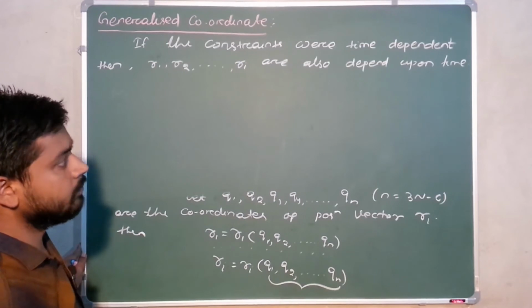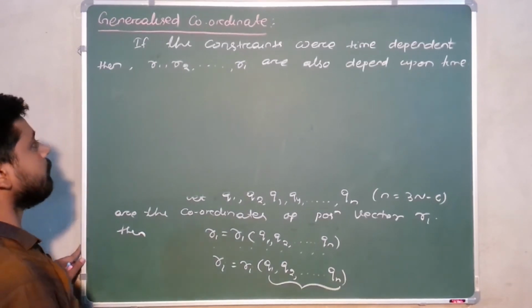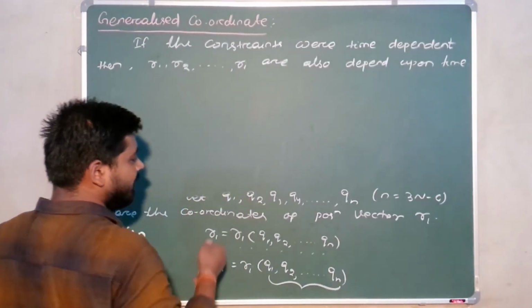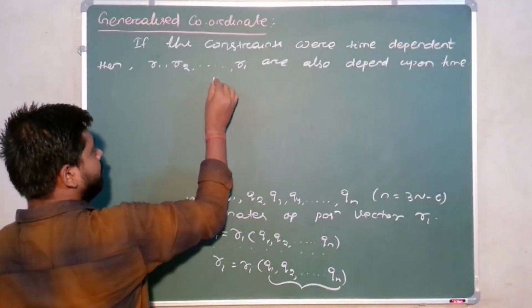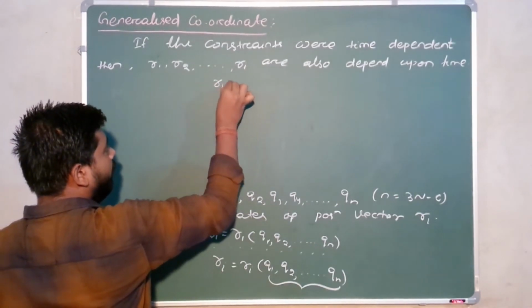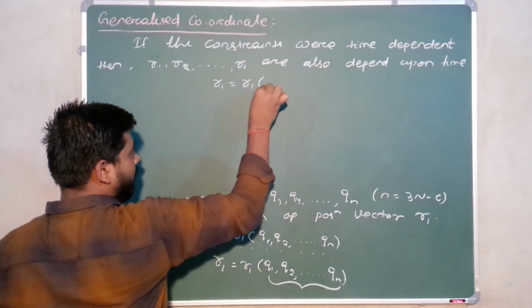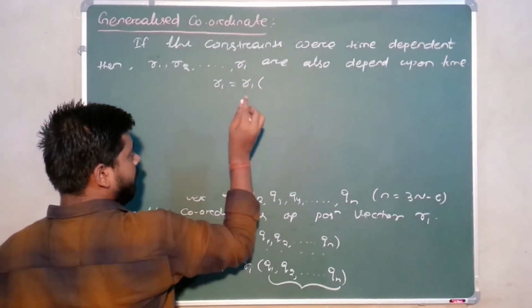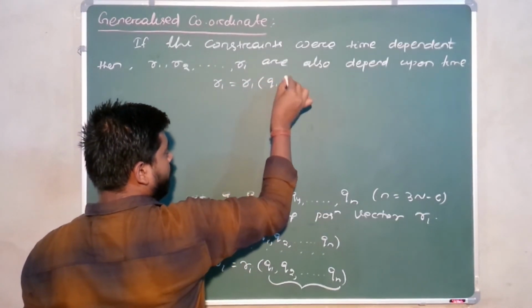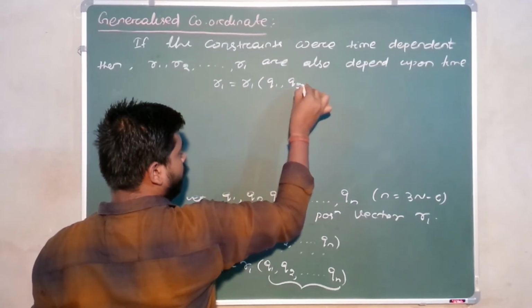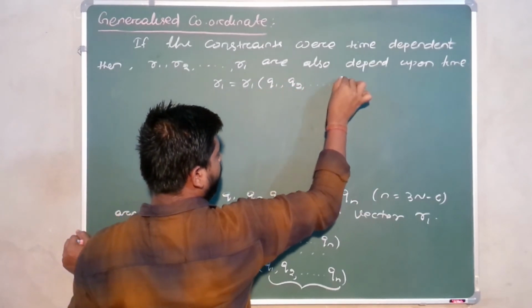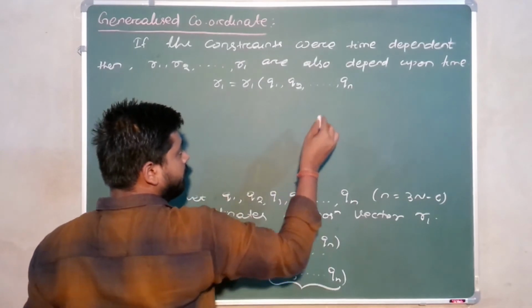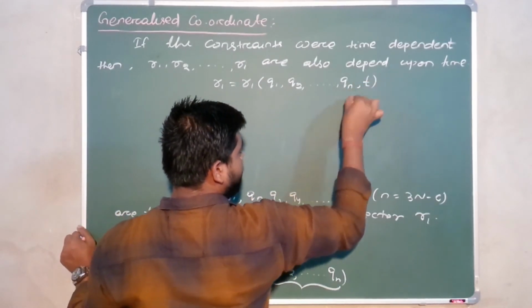Yes or no? Then how can I write this? Just write down for r1. For r1 we can write r1 is a function of q1, q2 up to qn, and the extra term time is there.